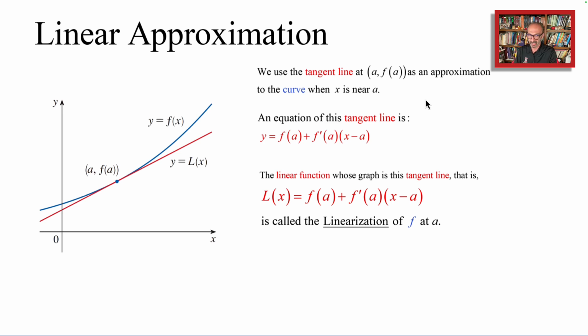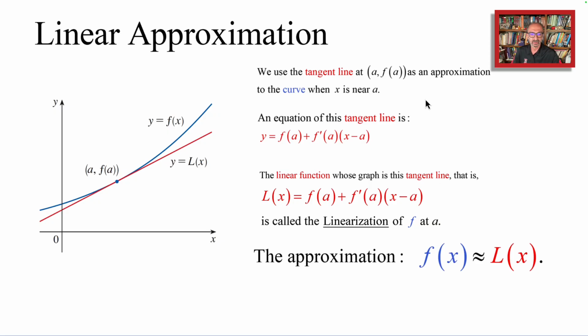Of course, we'll have to stay next to a to use that line as an approximation. We're saying that f of x, which is in blue, will be approximate to values coming from L of x, which is the tangent line, when we are close to a. So we have to be close to a, as you could see from the graph, to use this approximation.